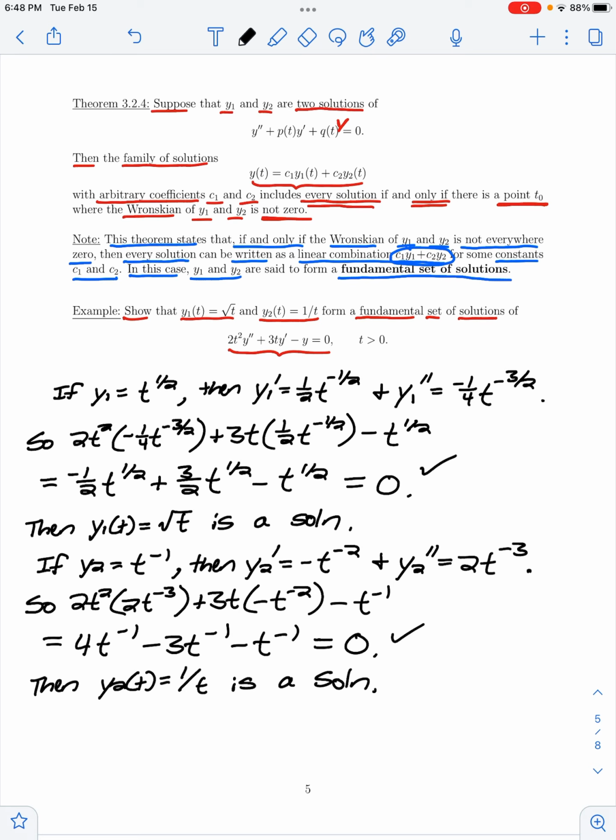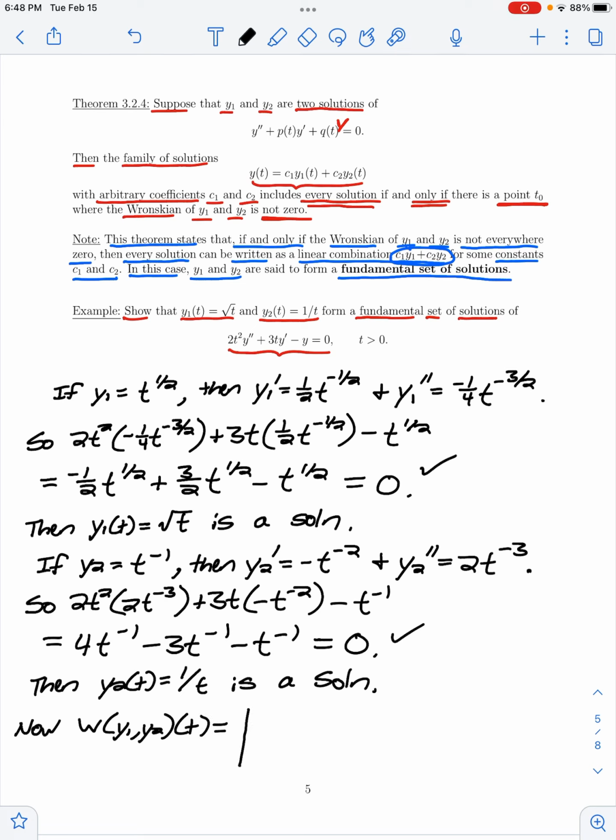The last thing that we need to show is that they form a fundamental set of solutions. So we want to show that the Wronskian of these two functions is not 0. So for the last part of this, let's calculate the Wronskian of y1 and y2, which are functions of t.